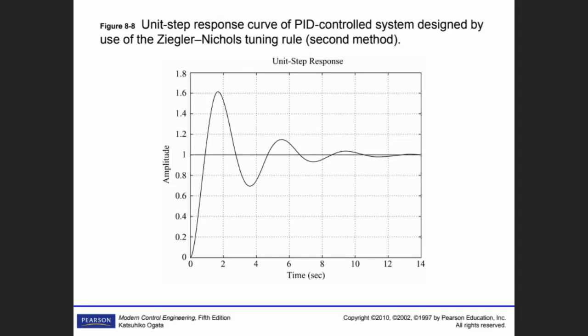Since the oscillation is too high, we have to get less oscillation. For example, Kp moving the double zero.